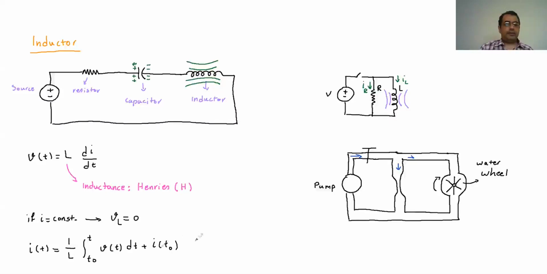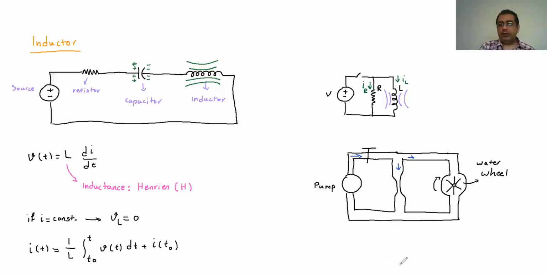So we have a similar equation to the one for the voltage in the capacitor. And this is how we can calculate the current across the inductor if we know the voltage across it over time.